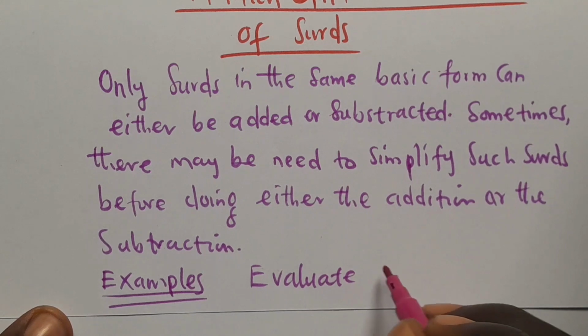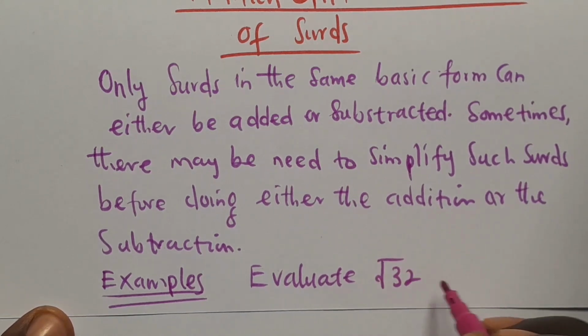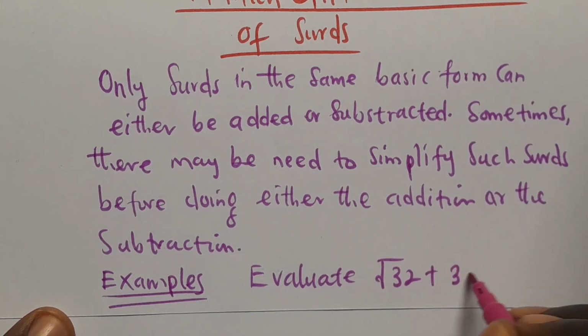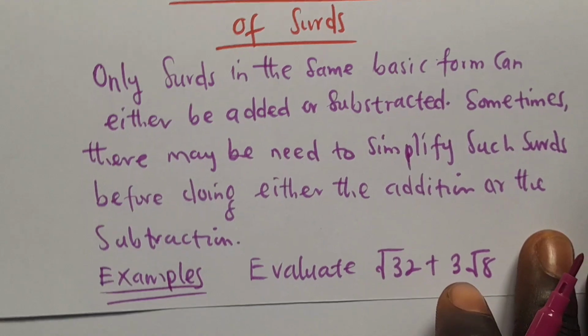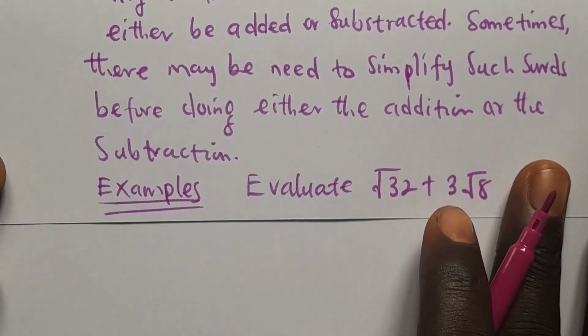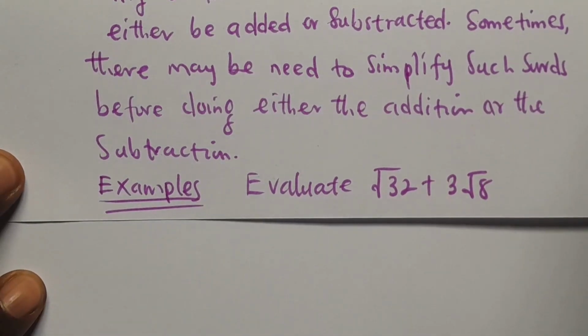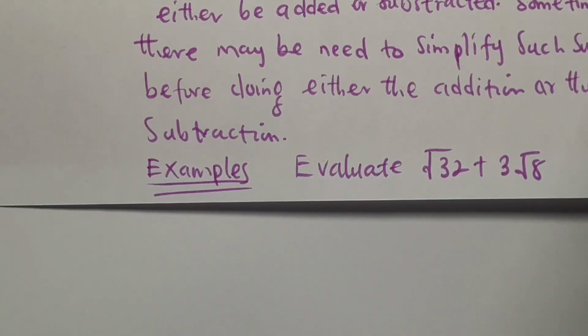Now let's take a look at examples. Question 6: evaluate square root of 32 plus 3 square root of 8.